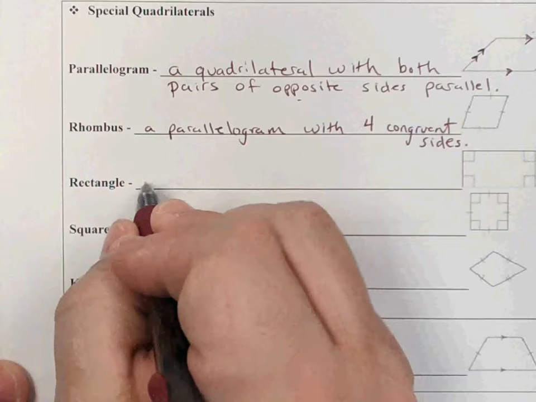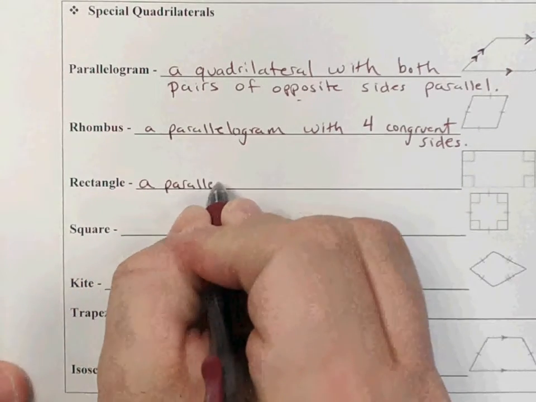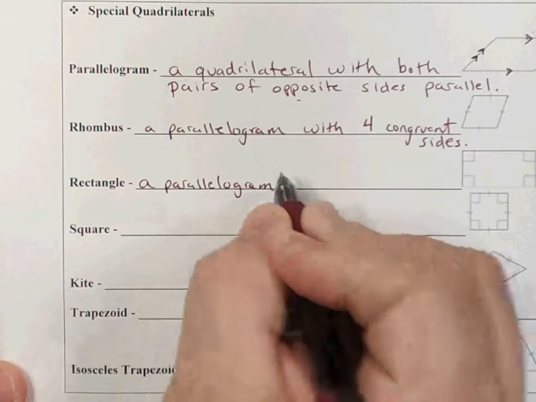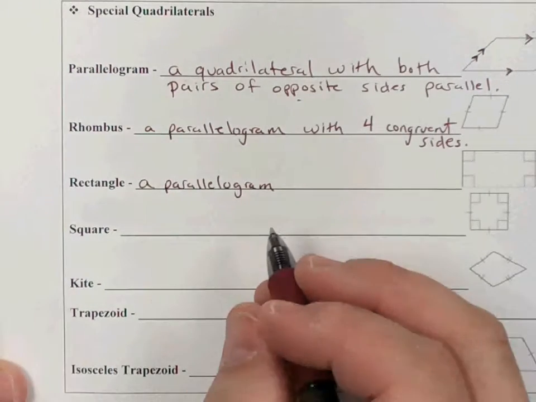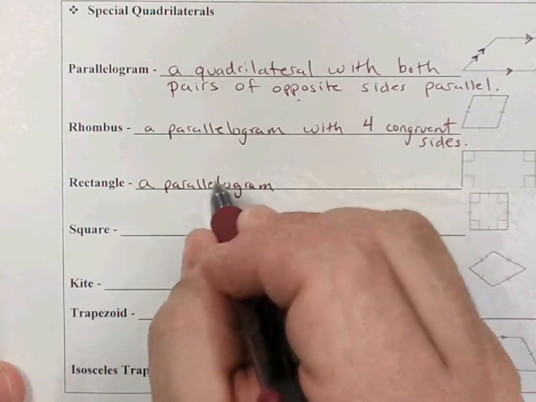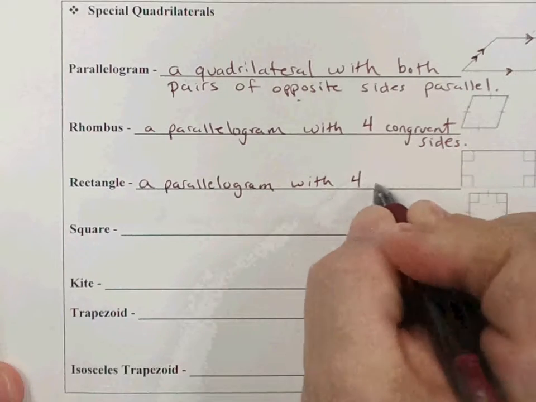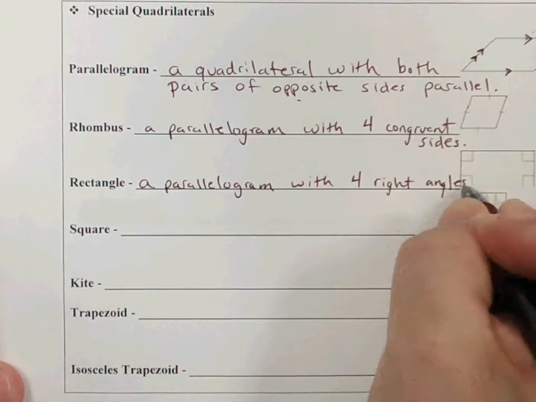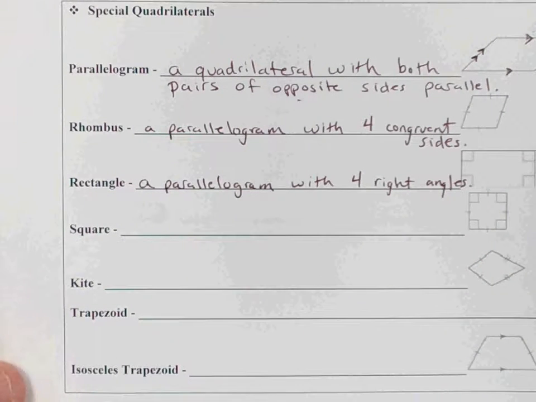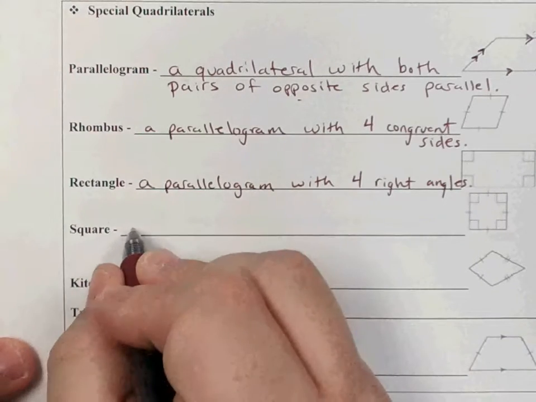Now, a rectangle is also a parallelogram. So it has opposite sides that are parallel, but this also has four right angles. And a square is also a parallelogram.